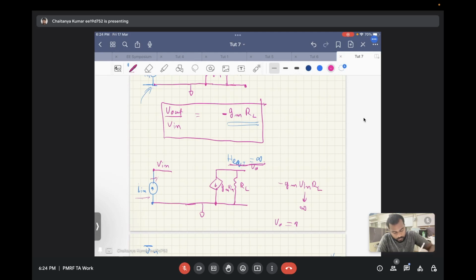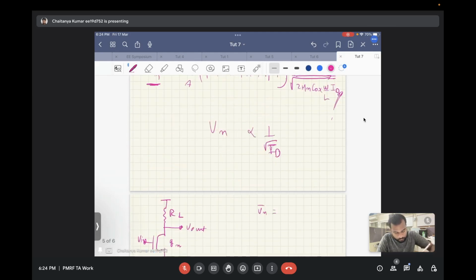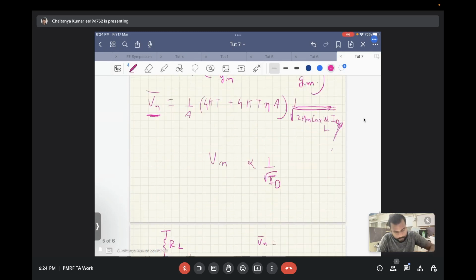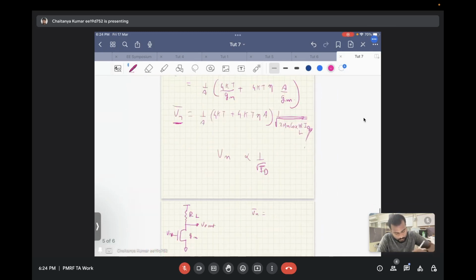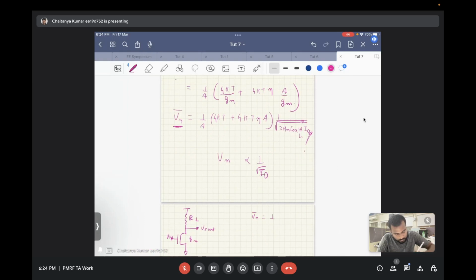So Vn in this circuit is 1 upon Gm RL into 4 kT by Gm plus 4 kT eta times RL.